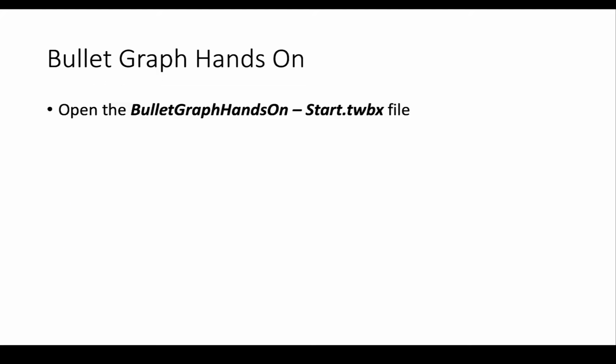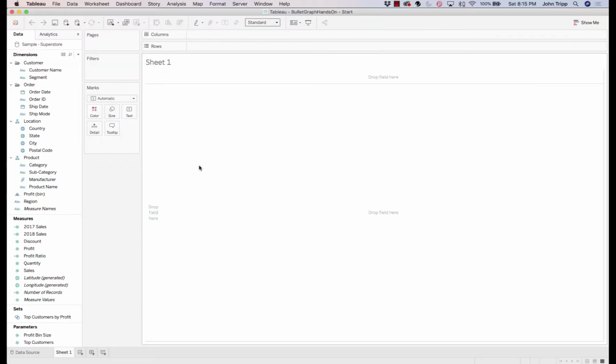Okay, so what I'd like you to do is open up the bullet graph hands-on start file, and we will build this together. So I've now opened that file, and you see it's just a sample Superstore file like we've used many times, but there's a couple of extra fields here which we'll talk about in a second.